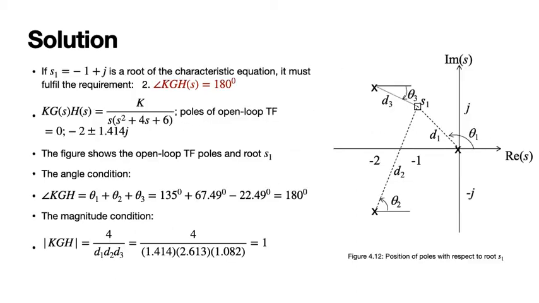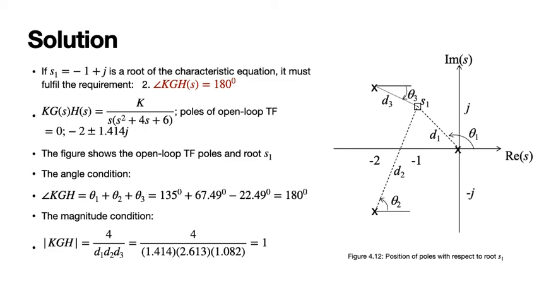If s1 equals minus 1 plus j is a root, it will be somewhere here, represented by the small box. Then if you look at the open loop transfer function, s times s squared plus 4s plus 6, we are going to have three poles.